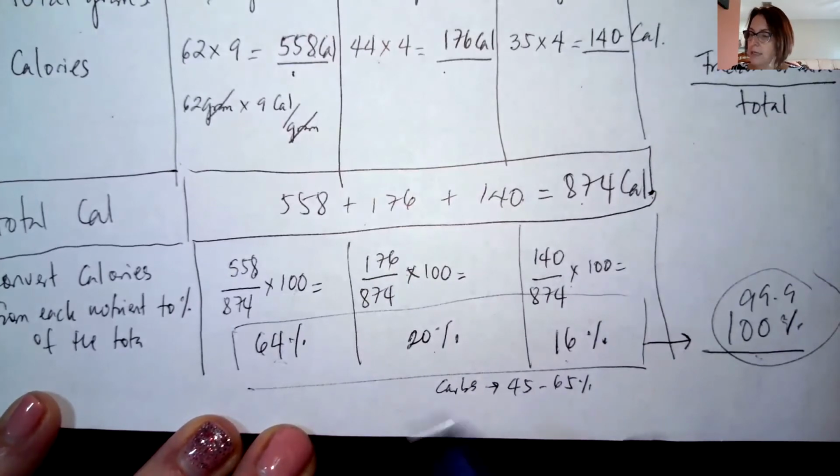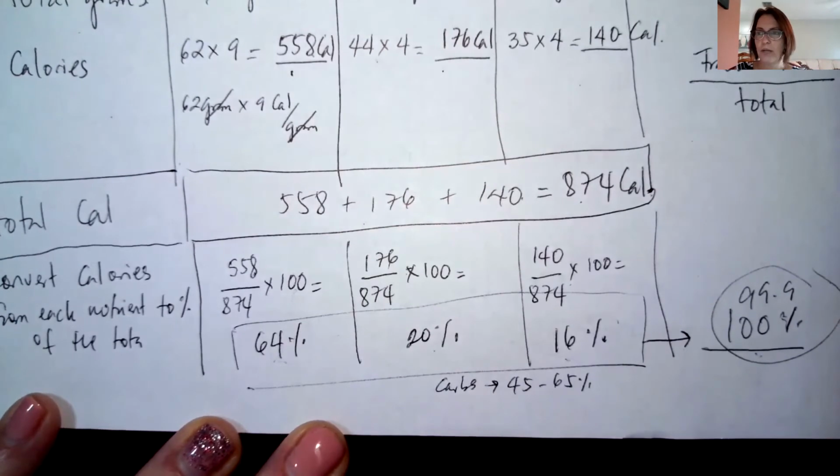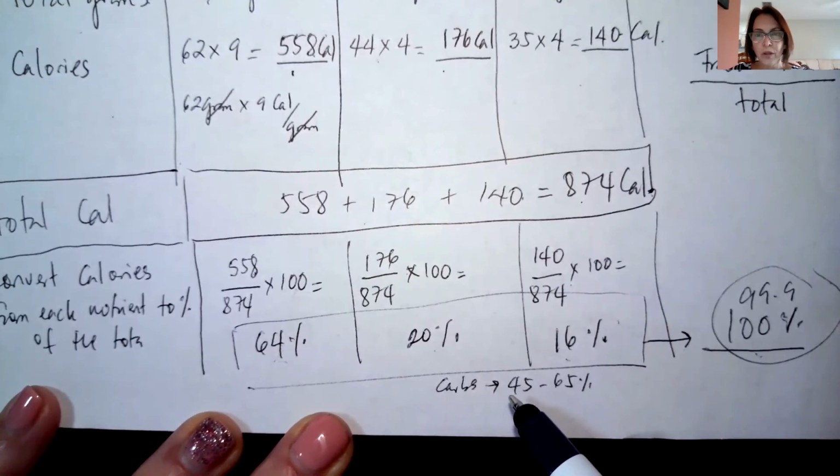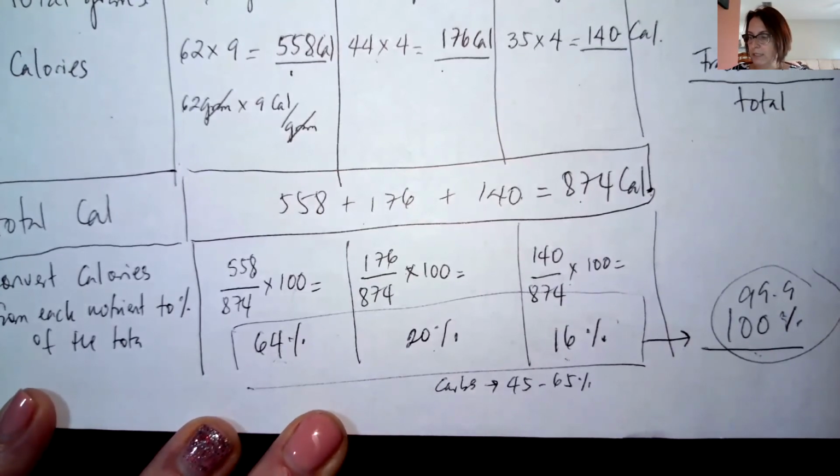So it means this meal is low in carbs. We will learn this in chapter 2, and I don't want to spend time on it, but these percentages allow us to compare to the recommendations and see if we are meeting what is expected.